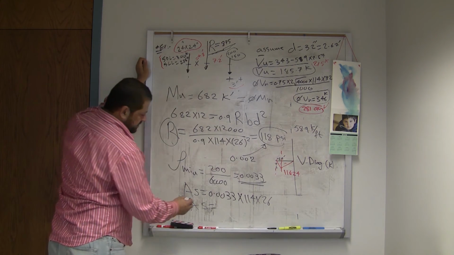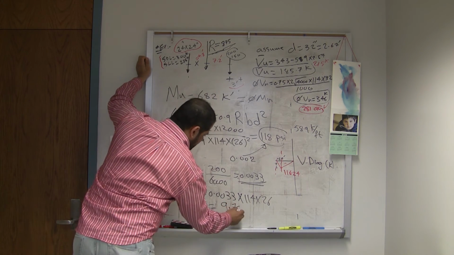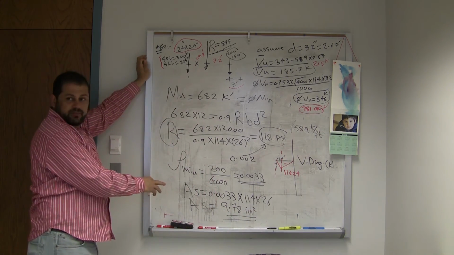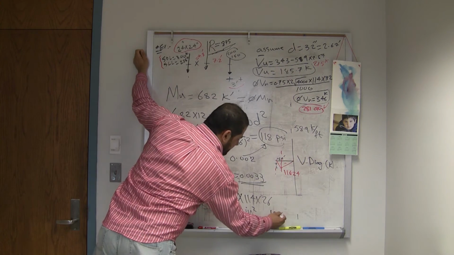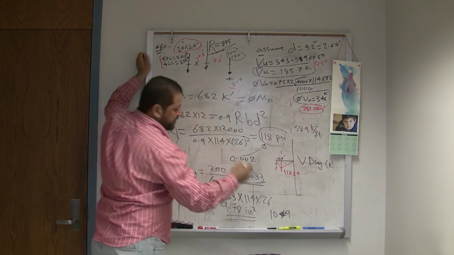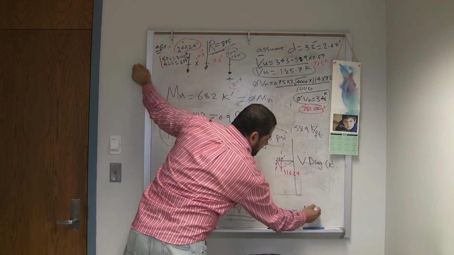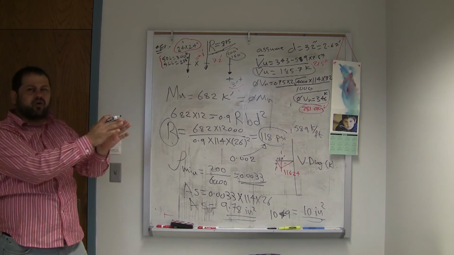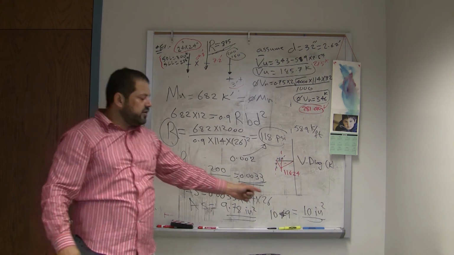As is 9.78. You can use 10 number 9. The area of number 9 is 1 inch squared. This will give you 10 inch squared, or basically typically almost 1 every 1 foot.